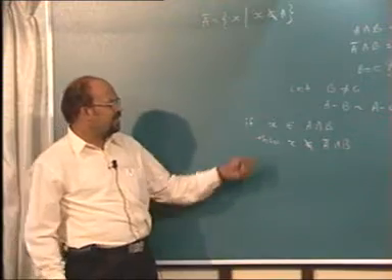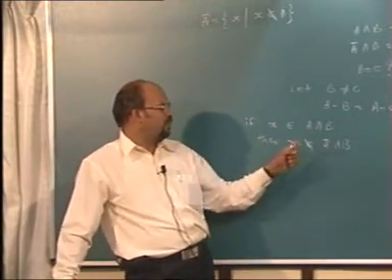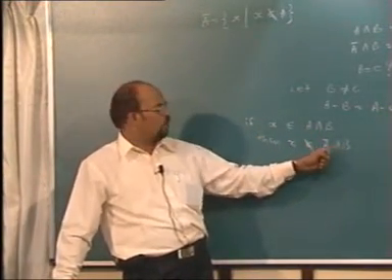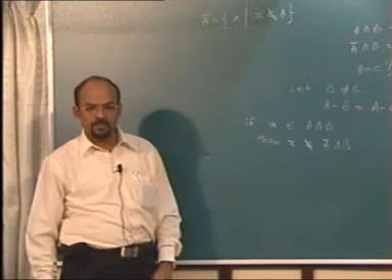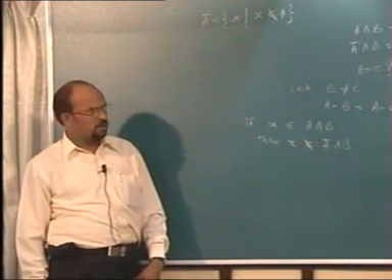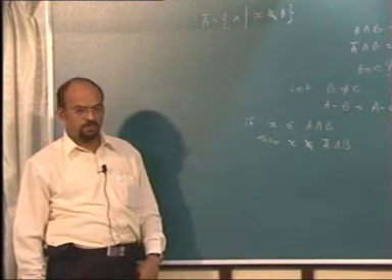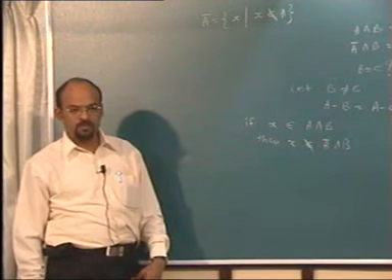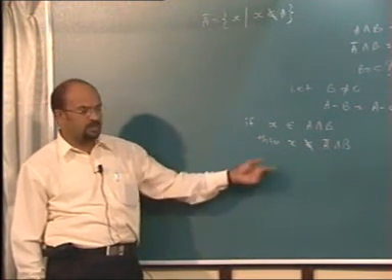The element which is there in A intersection B will not be there in A complement intersection B. This is universally true. Then can we make use of this?